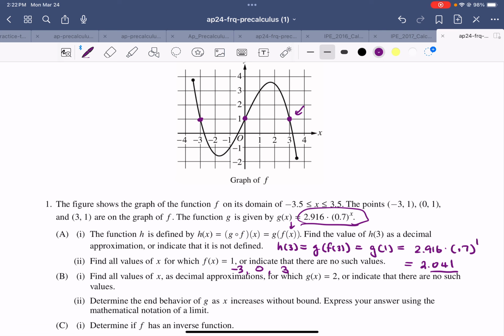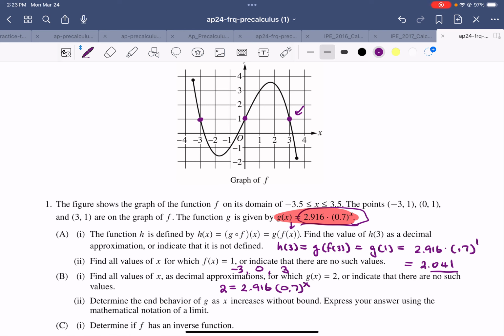Now B, find all values of x as a decimal approximation for which g of x equals 2 or indicate there are no such values. Okay, so you substitute 2 into this expression, which is g of x. So 2 equals 2.916 times 0.7 to the power of x, right?